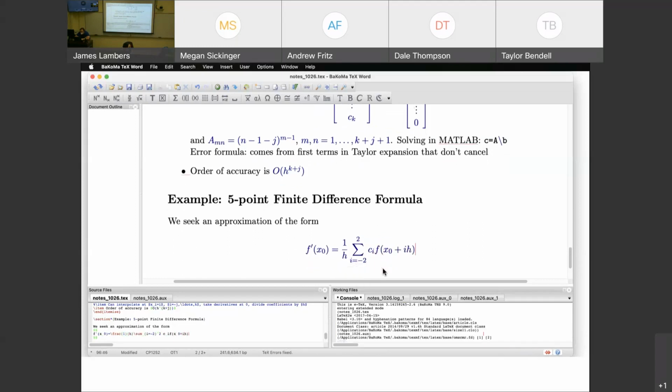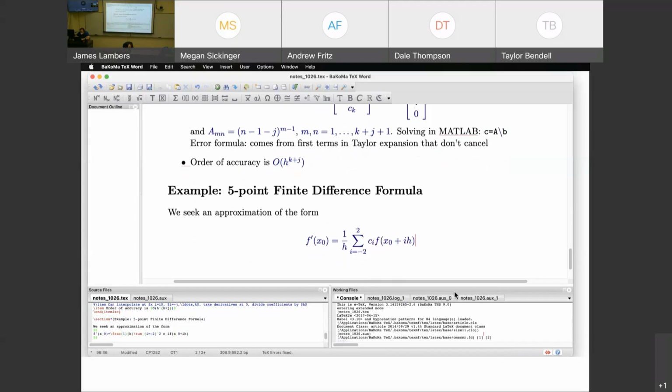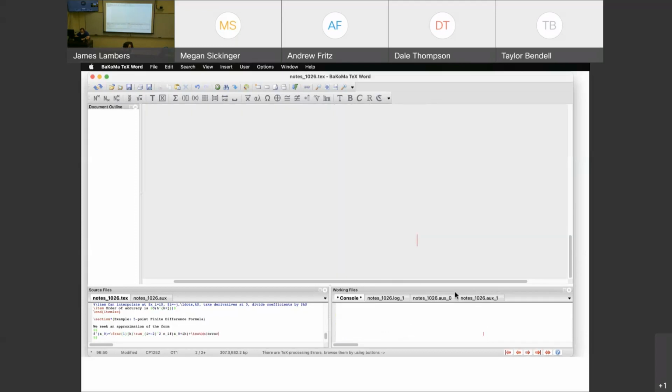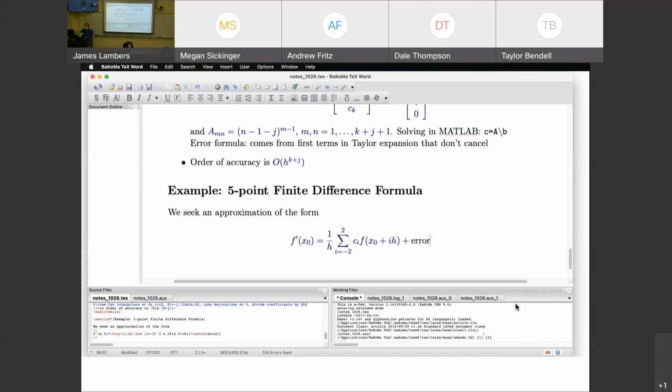So we're going to use 2 points to the left of x naught and 2 points to the right of x naught, plus some error. So we want to figure out what the error term is too.